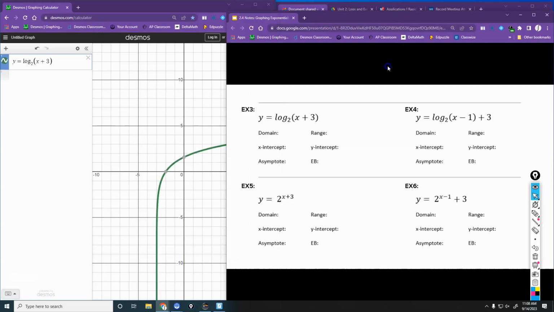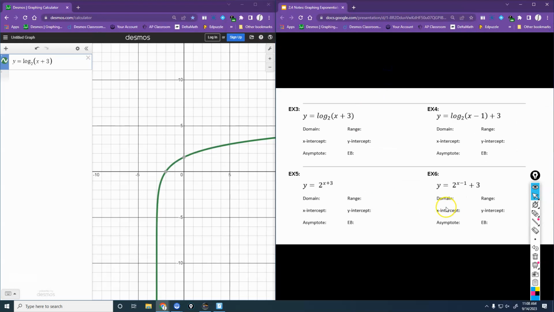Okay, this was the first one over here. All right, so let's see. Jason, what'd you get for domain? Negative... Oh, I don't think it's going to be negative 2. Okay, what'd you get for your asymptote?